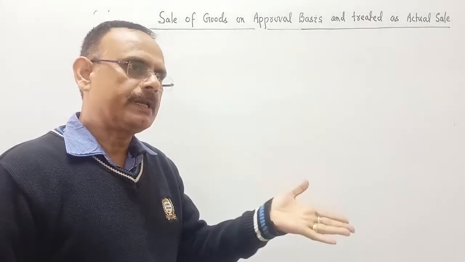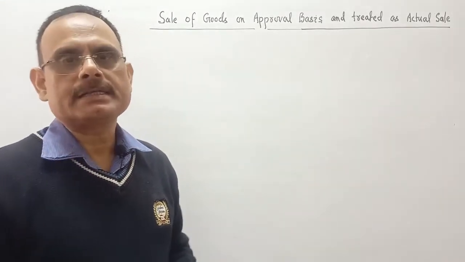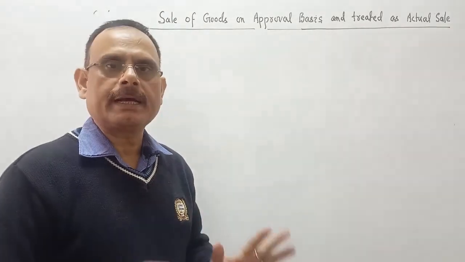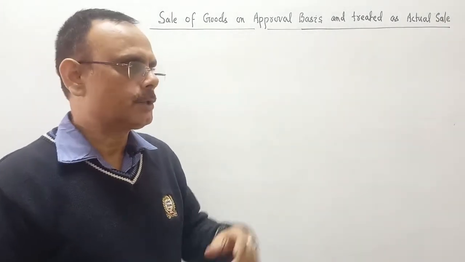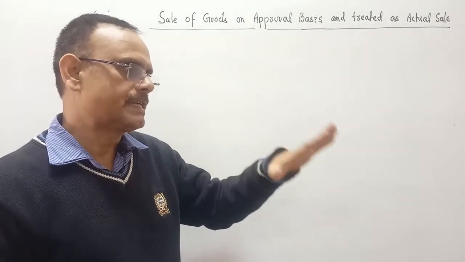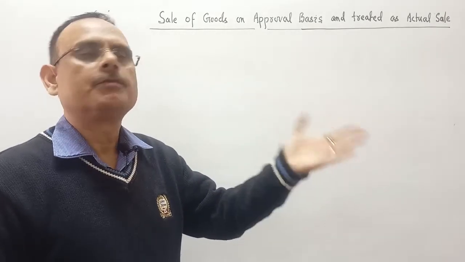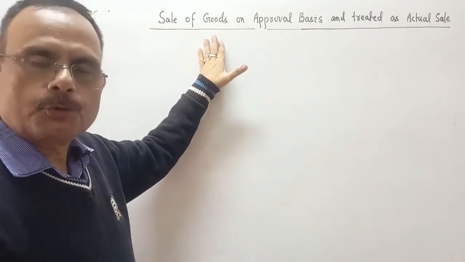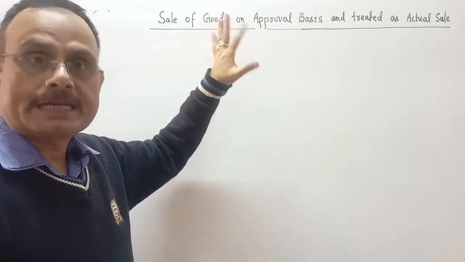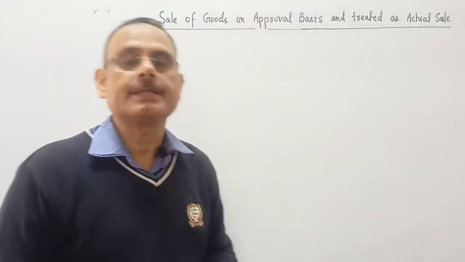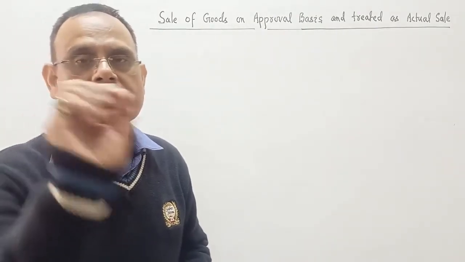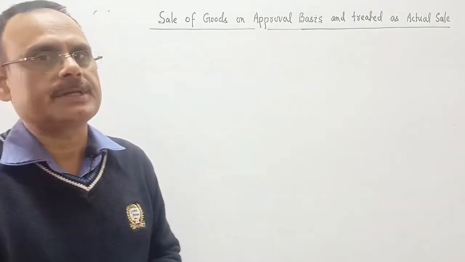So if the approval is not yet received by us, that will not be treated by us as actual sales. But what the accountant has done, when the goods are given to the customer on approval basis, sale or return basis, is that our accountant has recorded them in the books as actual sales. This is the mistake the accountant has committed.